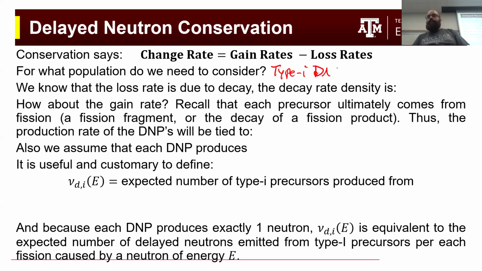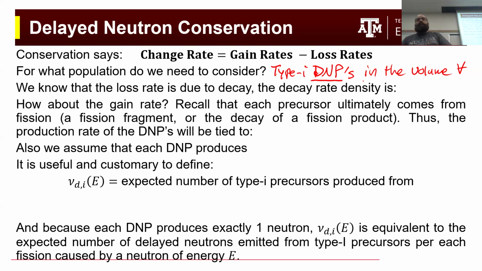I'm just going to say DNPs in the volume V. DNP is delayed neutron precursor, shorthand so that we can save ourselves a little bit of writing. So these delayed neutron precursors are the thing that we're keeping track of.